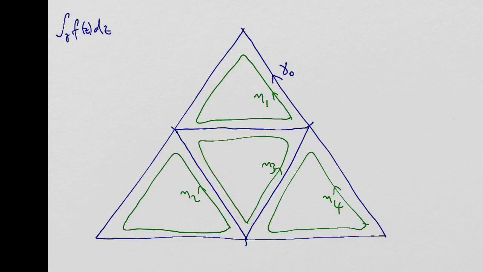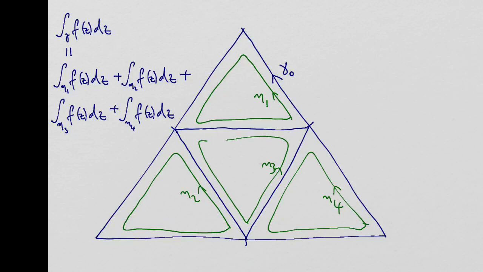And the same thing happens along this edge, where we're going this way and this way, so those will cancel out. So by additivity of the path integrals, we can write our integral over gamma as the sum of the integrals over the 4 triangles.